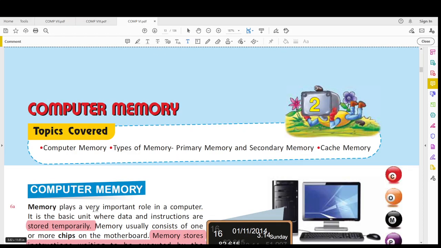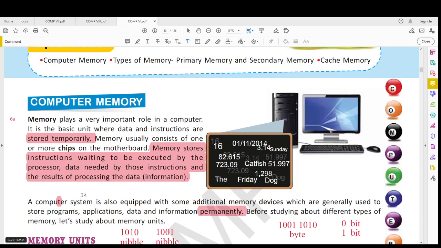Memory plays a very important role in a computer, a basic unit where data and instructions are stored temporarily, and usually memory consists of one or more chips on the board. It stores instructions waiting to be executed by the processor, data needed by those instructions and the results of processing the data.